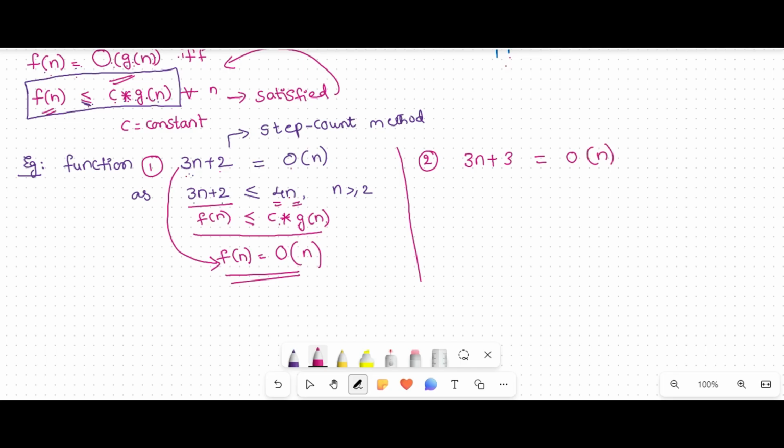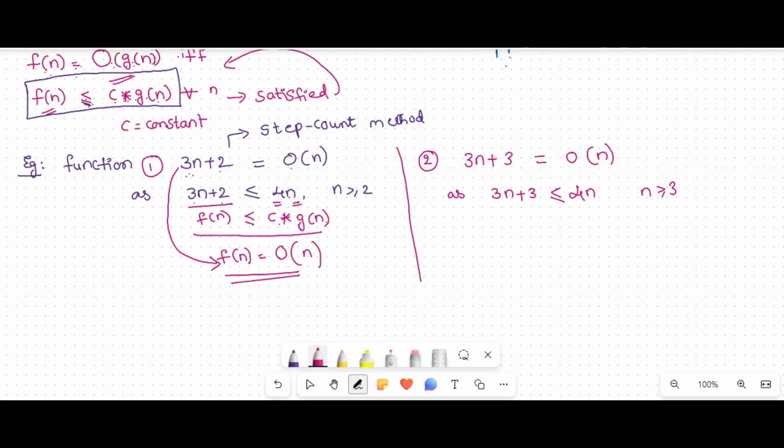When can we say that? Here for big O notation, f of n is less than or equal to 4n, where n is greater than or equal to 3.